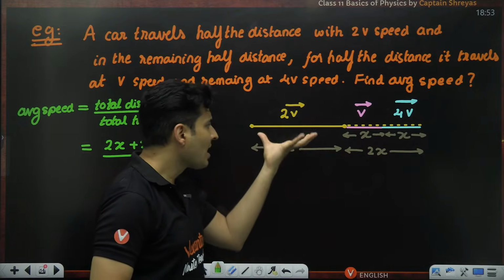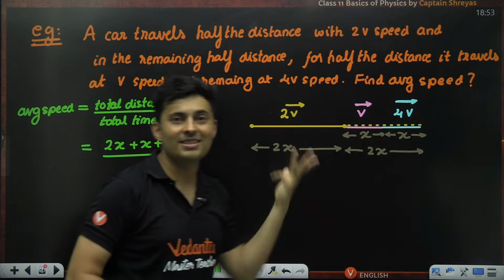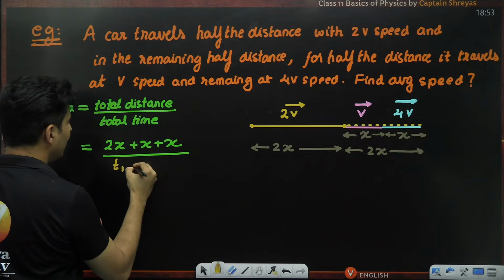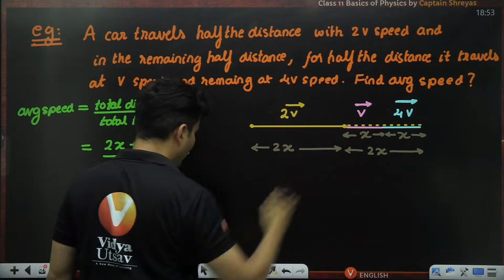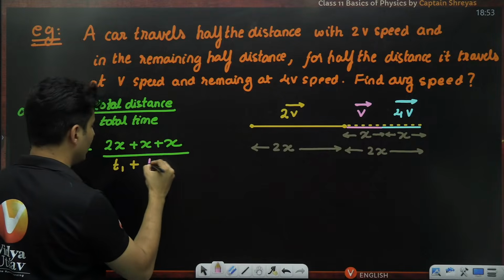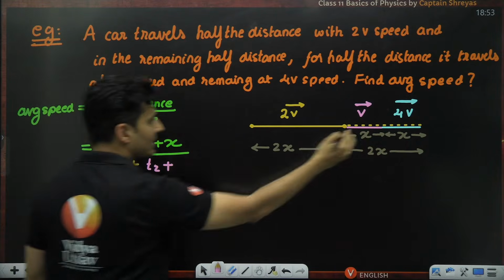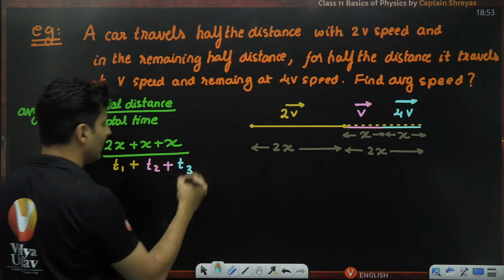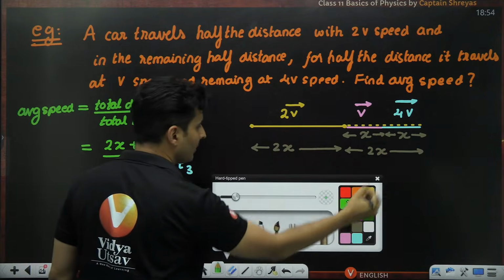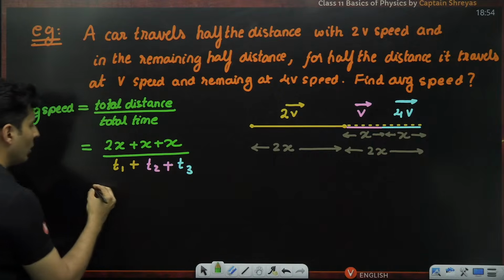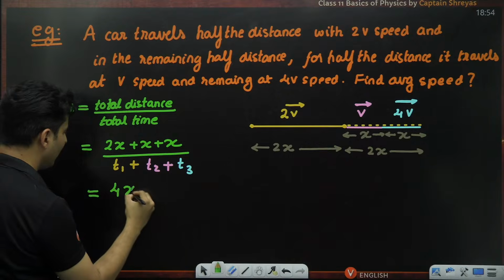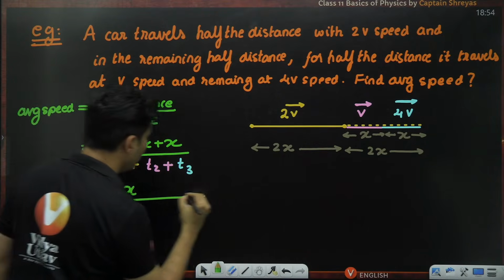The problem is I don't know this time, and this time. So time from here to here may be t1, plus time from here to here, I do not know that, let's say t2, plus time from here to here, I don't even know that, so that will be t3. So that is the main problem. So I need to figure out what these times are. But before that, on the top, 100%, I have 4x in the numerator.